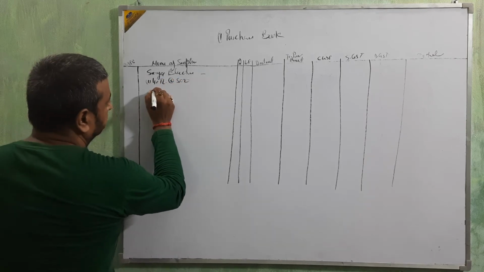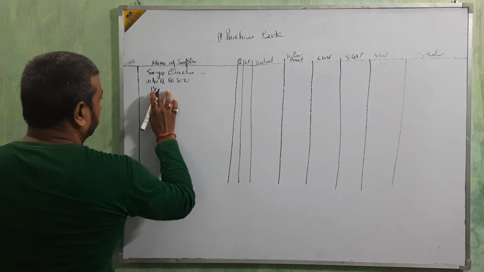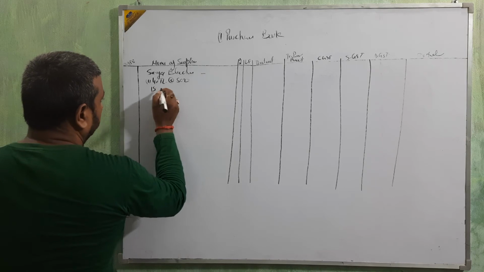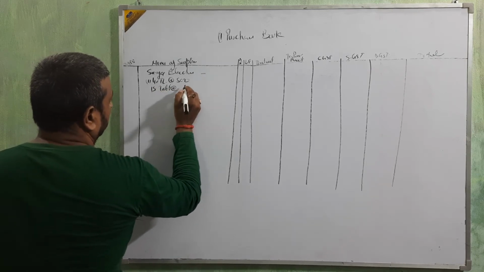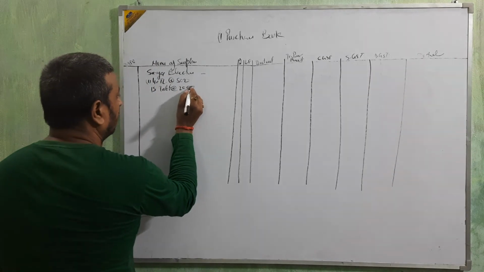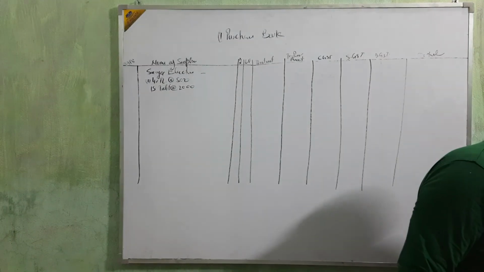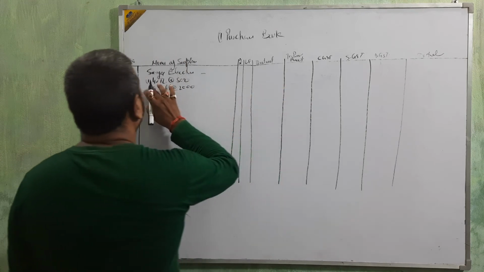Then next, 15 table fans at the rate of 2000 each. Okay beta, only 2 items are given. Then just take the detail.